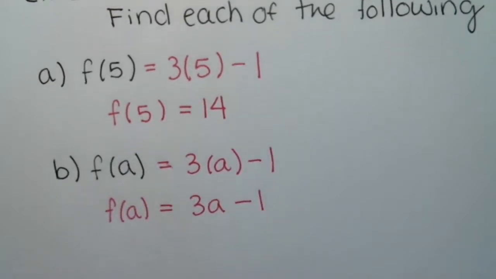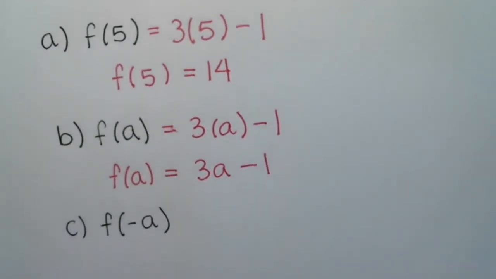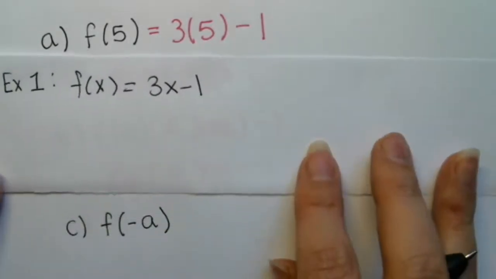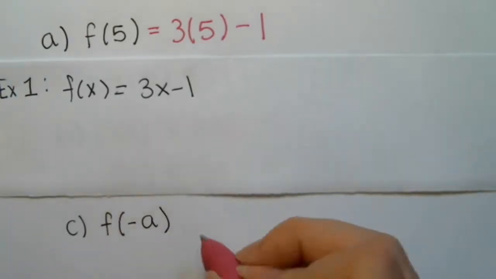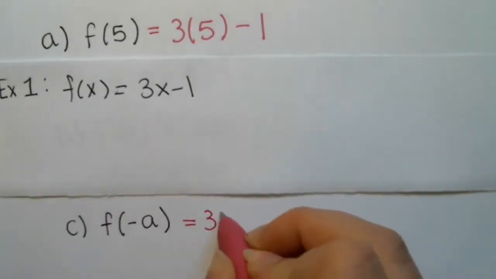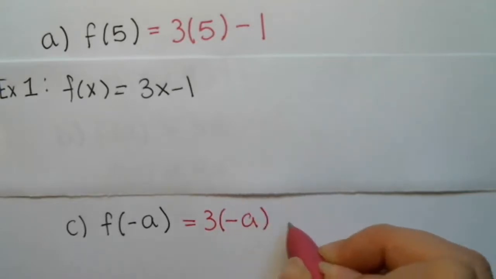All right, let's look at something real similar, but we're going to look at f of negative a. Just to remind us of what our original equation was, we had f of x is 3x minus 1. So we're going to plug in negative a for x. So we have 3 times negative a minus 1.